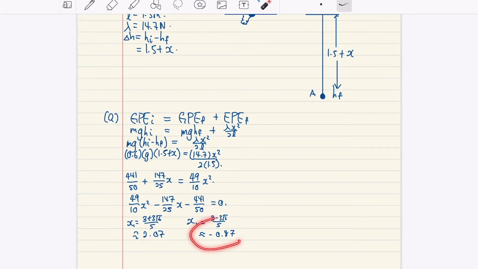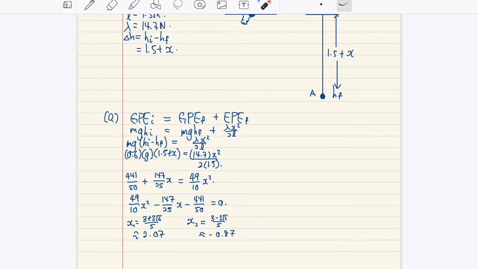If we have minus 0.87, so here 1.5 minus 0.87, it doesn't make sense. It means the string does not extend. Instead, it stopped before the string reached its original length. So by using logical thinking, it doesn't make sense at all. But if you use the other value, which is 2.07, it does, because it extends.